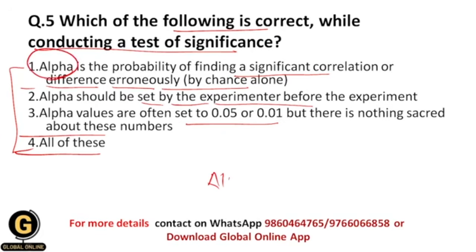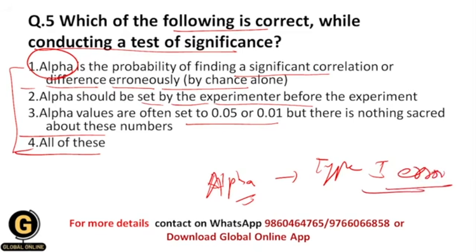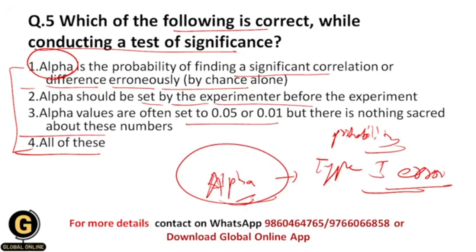And what exactly is this alpha? As we have seen earlier in this video, type 1 error occurs whenever we are testing the null hypothesis. The probability of occurrence of type 1 error is called alpha, and that's why ultimately alpha is the probability of finding a significant correlation or difference erroneously. All of you getting?